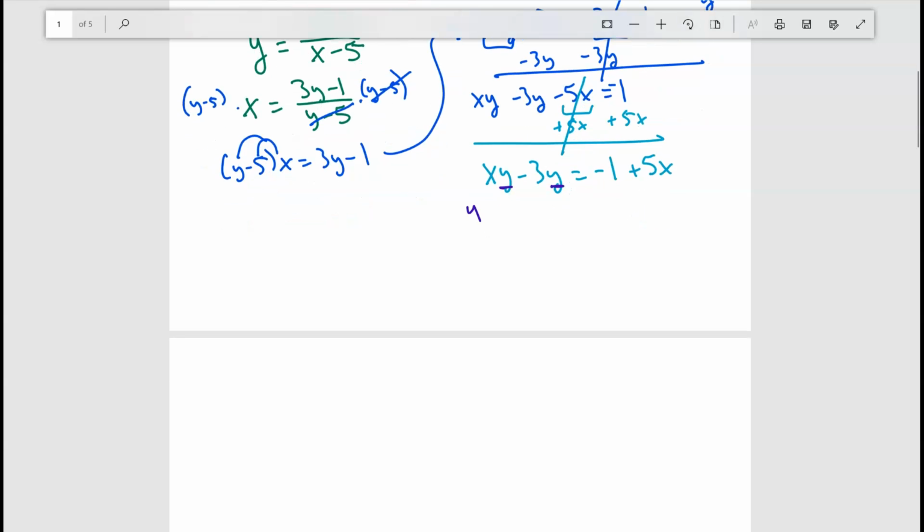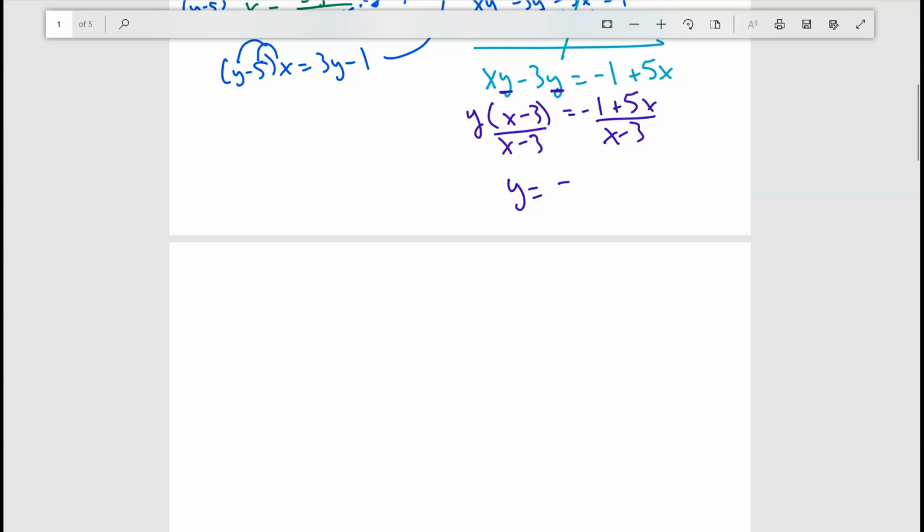So I'm going to factor out a y. And I'm left with y times x minus 3 equals negative 1 plus 5x. Notice that now all we got to do is just get rid of this x minus 3. And what we're left with is y is equal to negative 1 plus 5x divided by x minus 3.